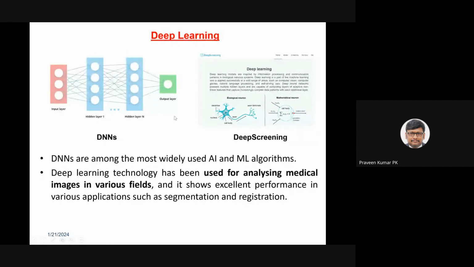So deep learning is generally used for analyzing medical images. For example, if you have a histology picture of a liver cancer, in a liver you have nearly 5 types of cells, cholangiocytes, and some other types of liver cells.